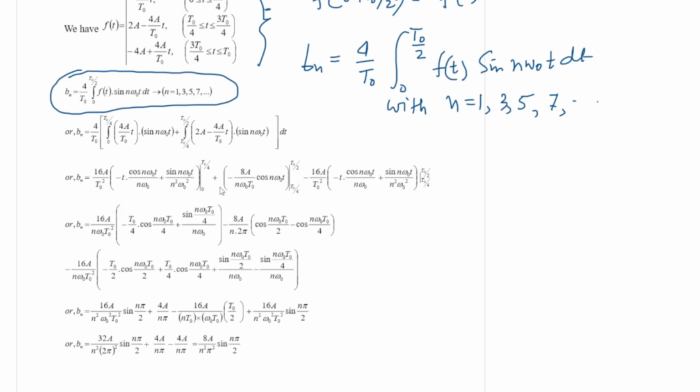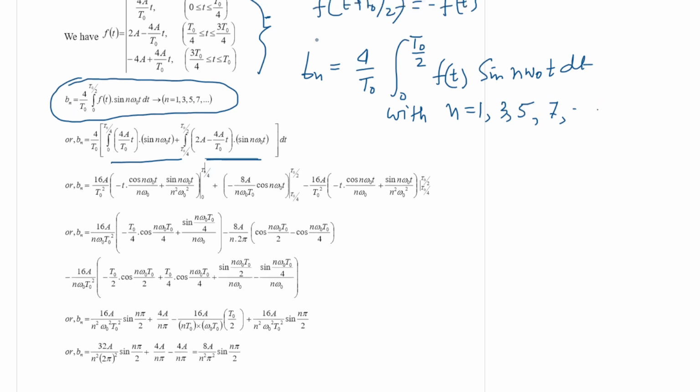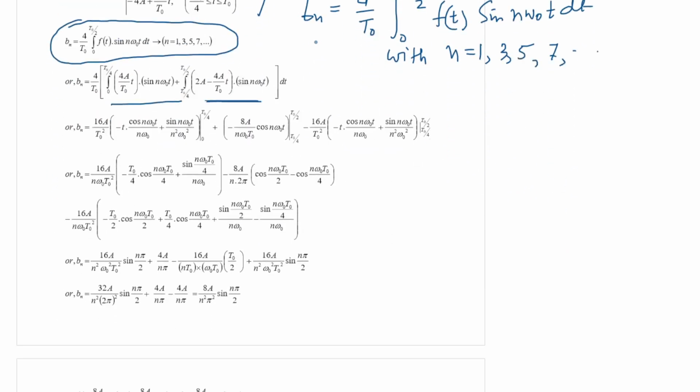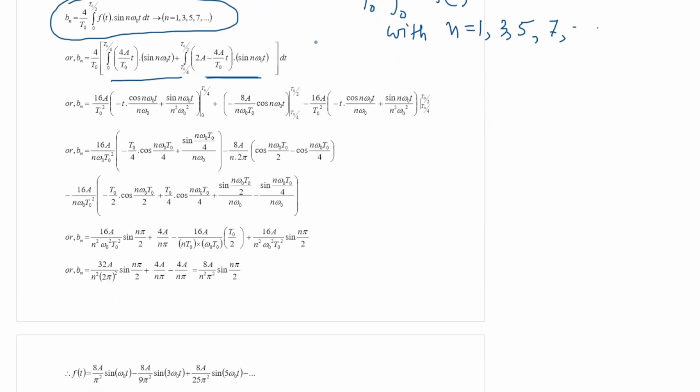So if we split into 3 parts, that integration should be carried out in 2 parts, because this part is not utilized anymore, it's not required actually. So this integration should be done in 2 parts.